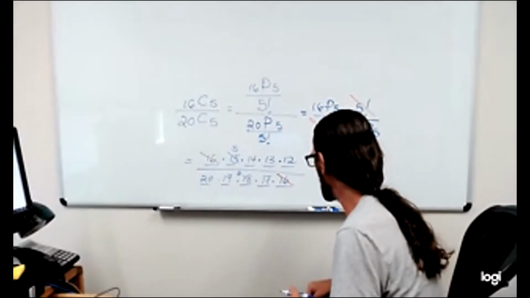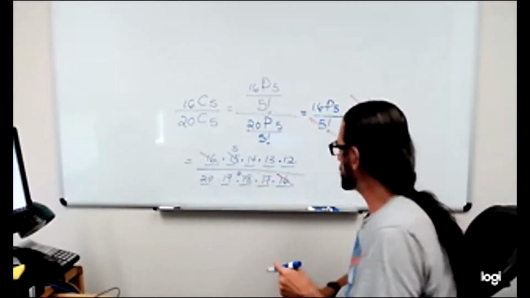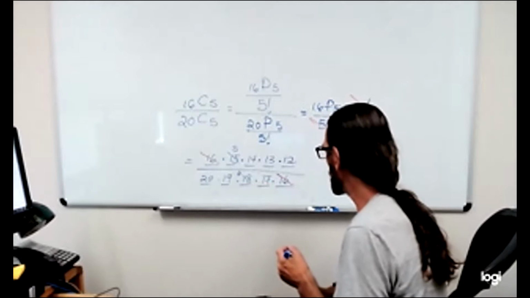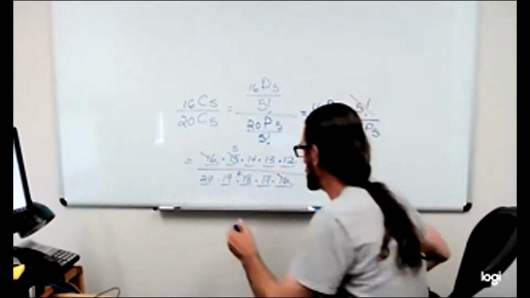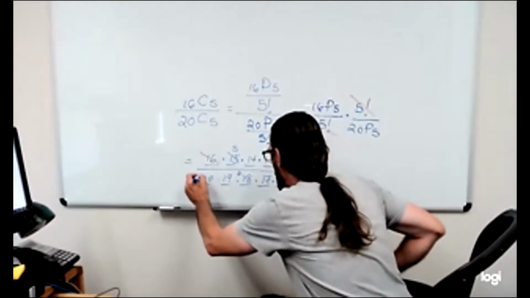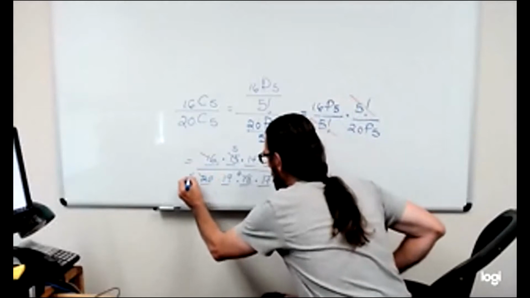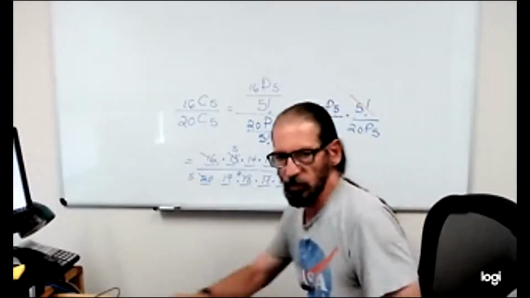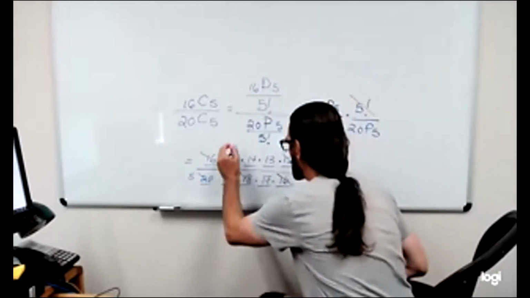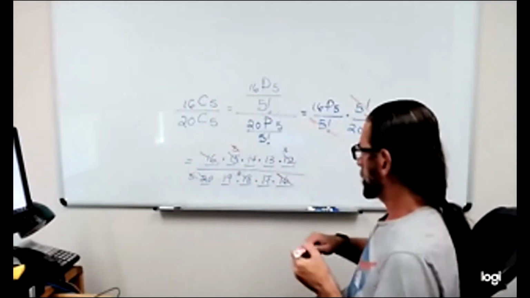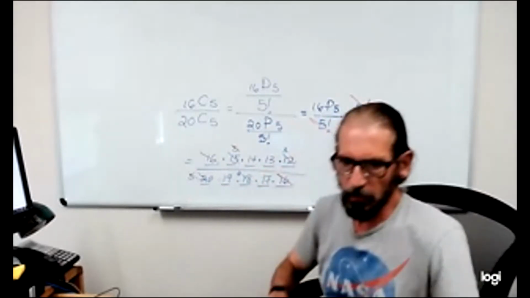Let's see here. 20, we could divide 14 over 20, both of those by 2. But even better, I could take 12 over 20, divide both of those by 4. That would reduce to 3/5. And then, hey, I can cancel out the 5s as well. I wasn't even planning on that. So we're left with 14 times 13 times 3.